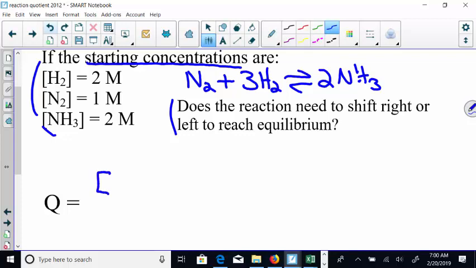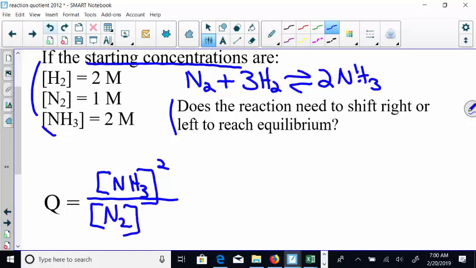It's still the concentration of the products, so NH3 squared, all over the concentration of the reactants. So nothing's really changed.